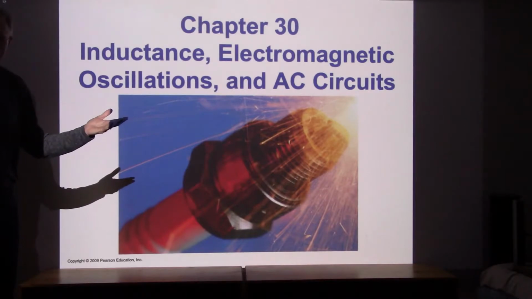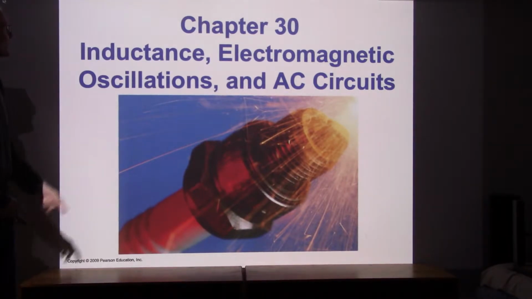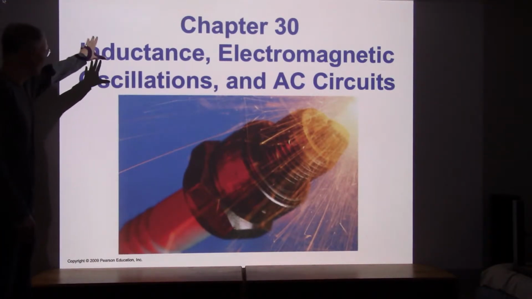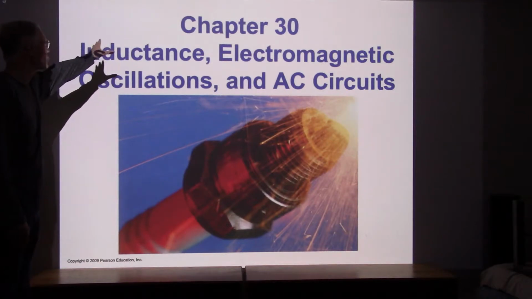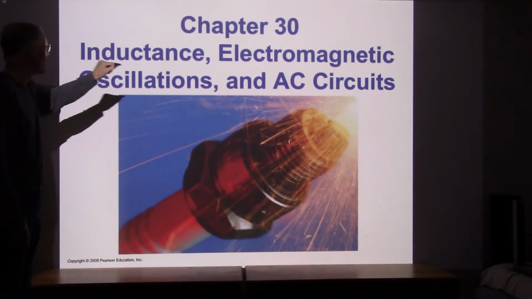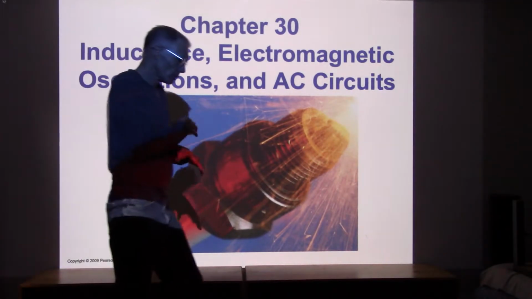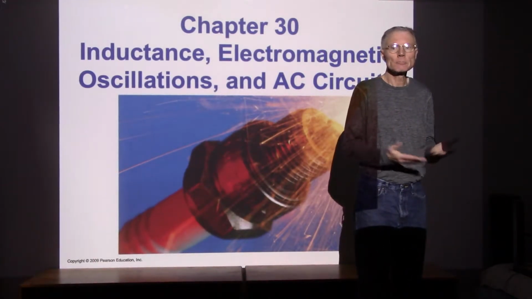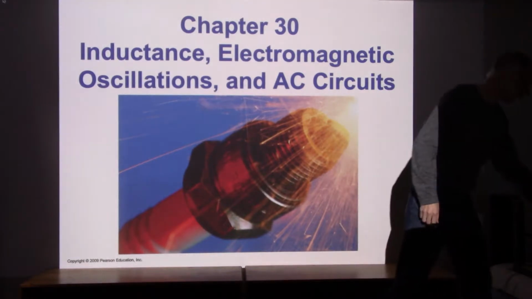I have no idea why they combined the chapters. So I always think of chapter 30 now in this 4th edition as really 2 chapters. One of them is inductance and circuits using inductance, and then we move on and look at general, across-the-board AC circuits.